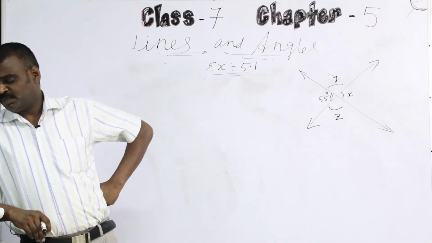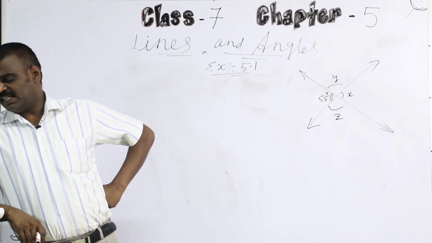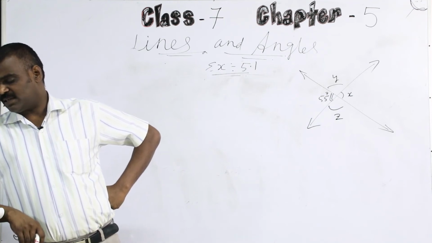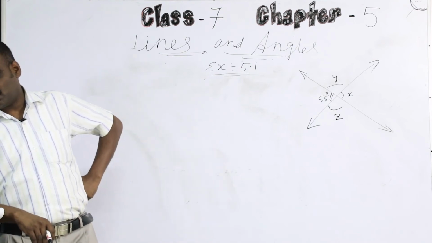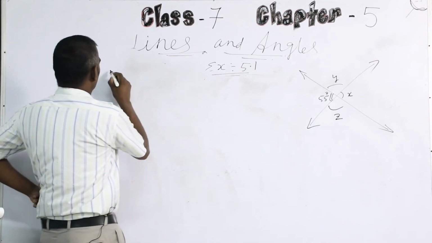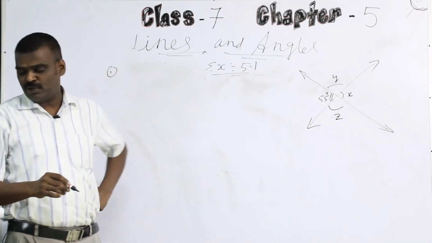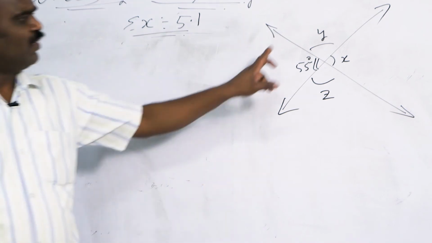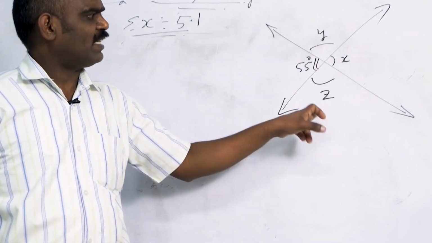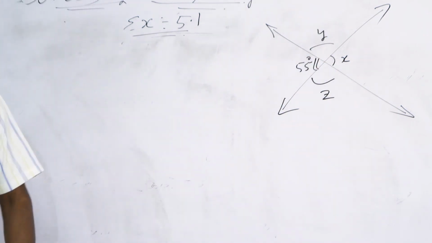Read the question with me. Find the values of angles x, y and z in each of the following. Question number 12 has two questions. I am going to do only one. The second you will manage by yourself. We are going to find x, y, z. How to find them?